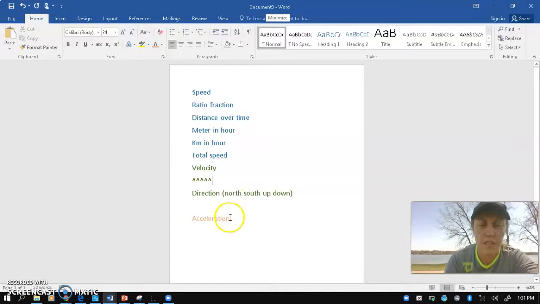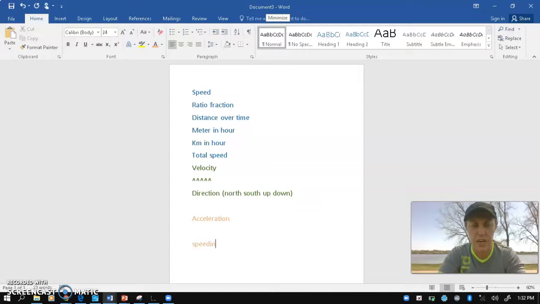Okay? It just means that your keywords on acceleration is you're speeding up or slowing down. So those are some of the keywords that you need to look for.